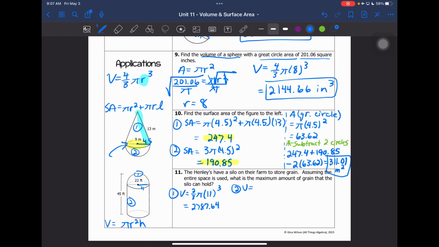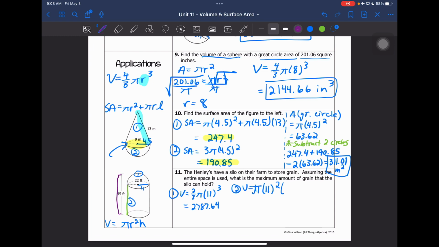So let's use the measurements that we know from the cylinder to find out its volume. I'm going to do pi times 11 squared. The radius of that is still 11. And now I just need to calculate the height. The height of the cylinder would be from here to here. And we know that all of this is 45.